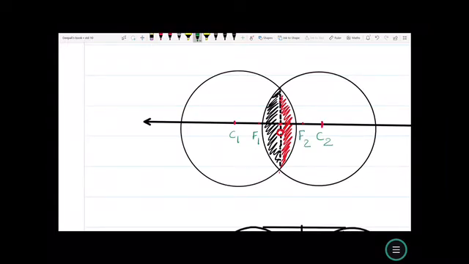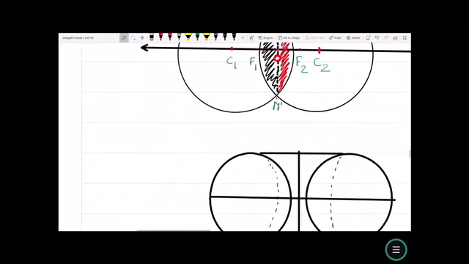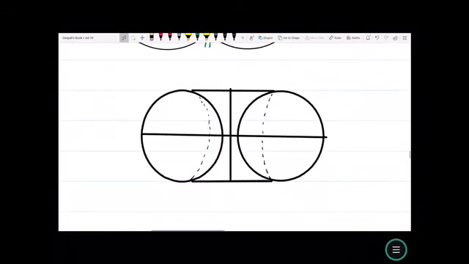This is F1 and this is F2, which are the principal foci of the lens. The aperture is the distance between point M and M dash. Is it clear now what a convex lens is?